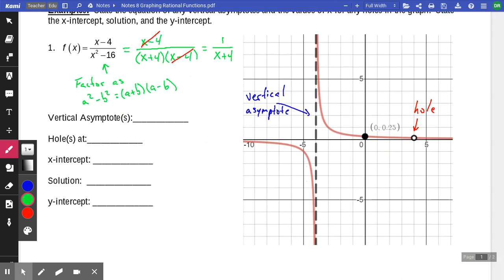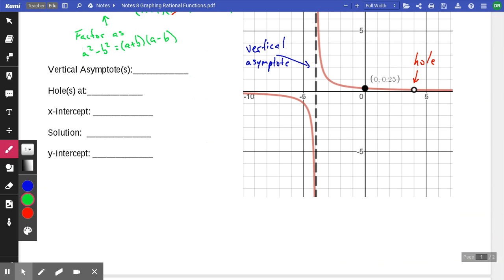So let's talk about the location of the hole. The factor that canceled was x minus 4. And if we set that equal to 0, we end up getting x equals 4.